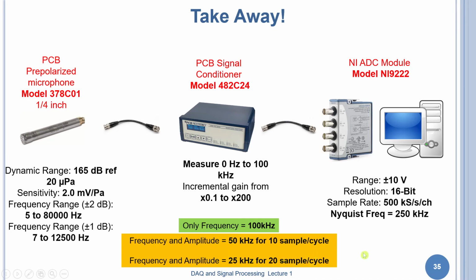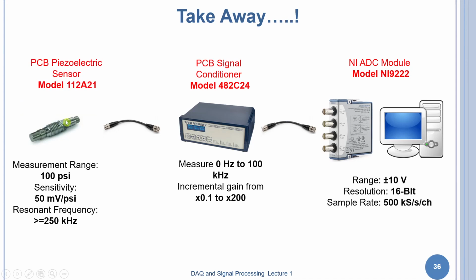Of course, this signal is going to be a better representation of the original signal because of more samples per cycle. Now, if I replace the previous sensor by a piezoelectric sensor, in this sensor you are going to get a dynamic range of 100 psi. Sensitivity is given by 50 millivolt per psi, and the resonant frequency is typically a very high value, of the order of 250 kilohertz.